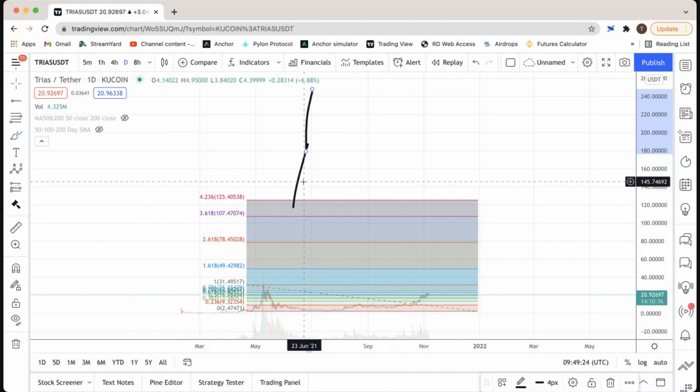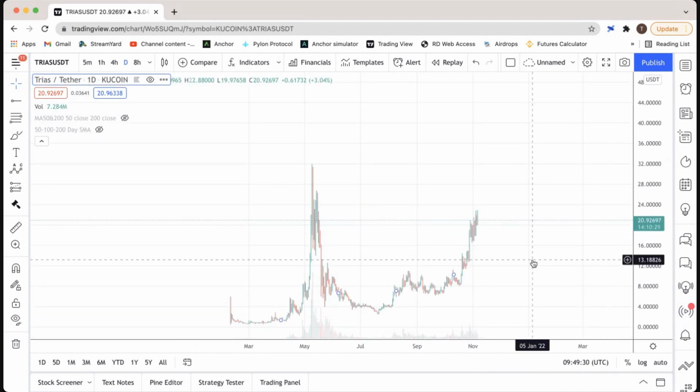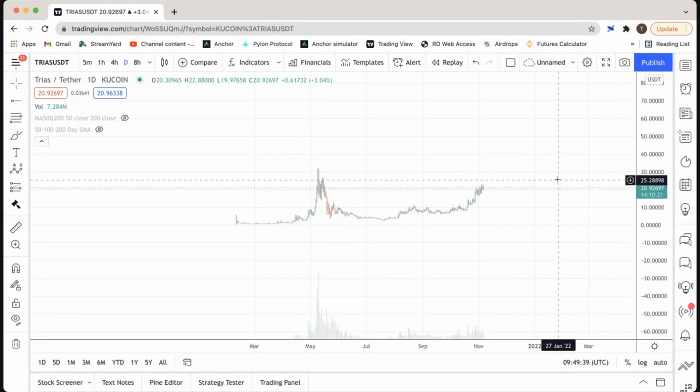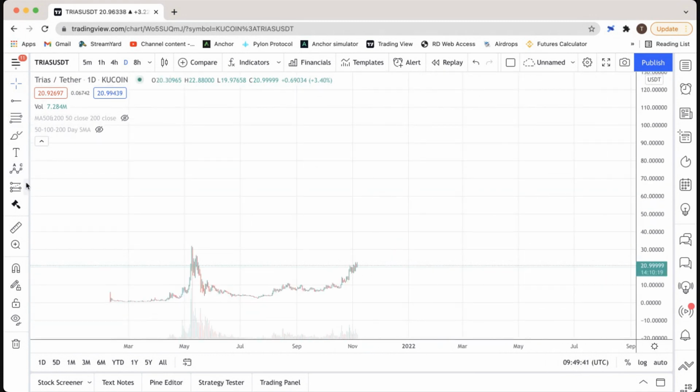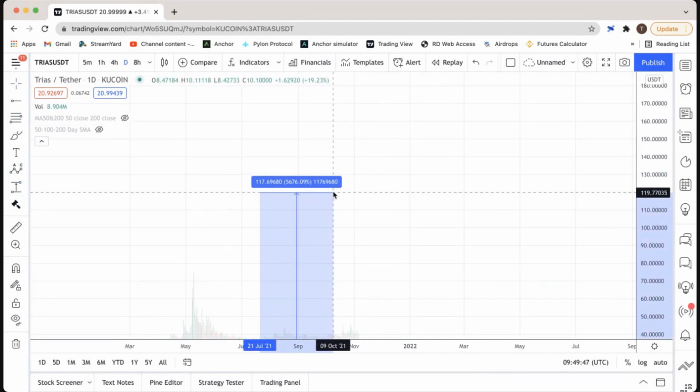People calling for 30, 40, 50, 100x, whatever. Again, what people need to understand and realize is that only a few months ago, only down here in July, Trias was $2.3, $2.4. Well, $2.4 all the way to $128, well, $130, whatever it is. Where does that take you? How much of a percentage rise is that? Well, there you go.